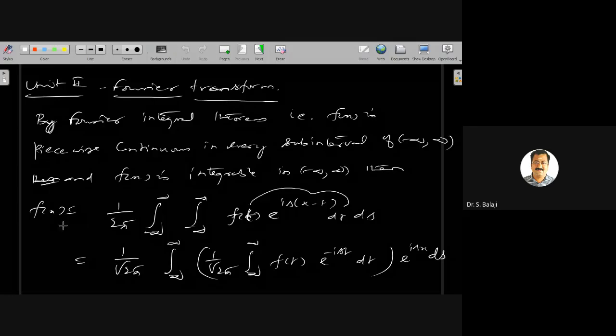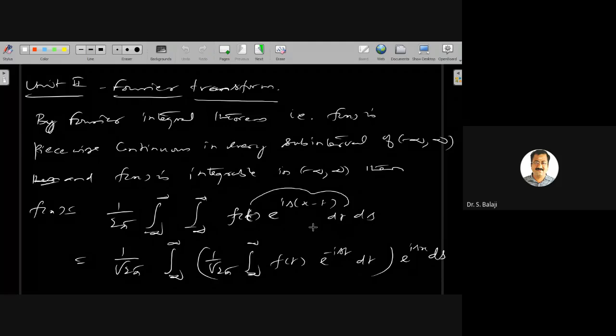You substitute that Cn inside the integration, write the summation of integral as integral of summation, and write the summation once again in integral form. If you convert that, you get 1 by 2 pi double integral from minus infinity to infinity of f of t e power is of x minus t dt ds. This is the proof derived from the Fourier series idea.